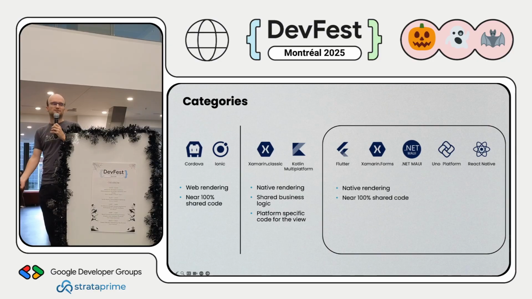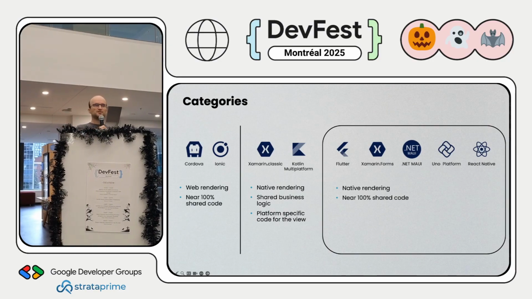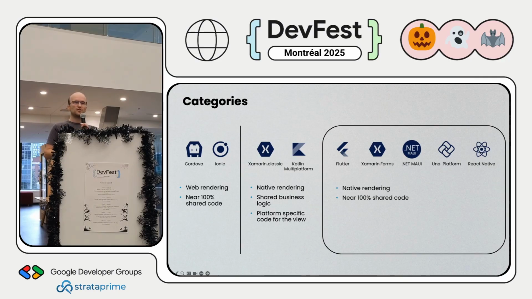So let's start with three big categories of mobile frameworks. On the left, you can see the web rendering technologies like Cordova, Ionic. Those use more of a browser type of rendering. They really render web objects onto the screen. Those were really early in the mobile era of building applications.